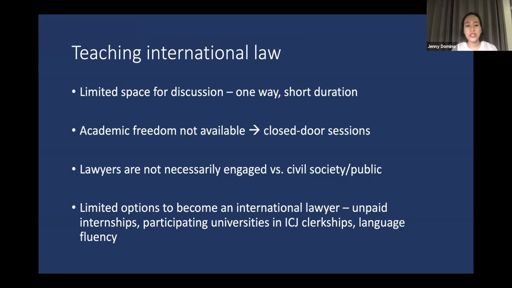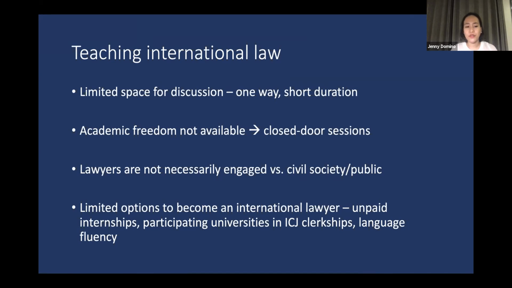And there is very little incentive for universities to participate in ICJ clerkships, for example. But this also goes the other way. So the ICJ must also not limit the opportunities to elite institutions.